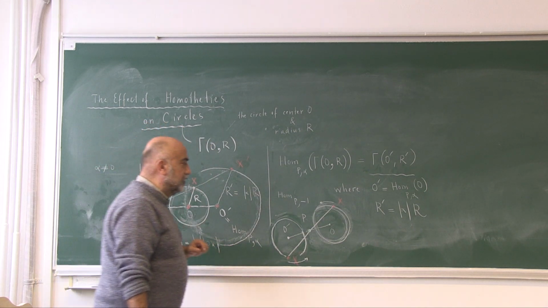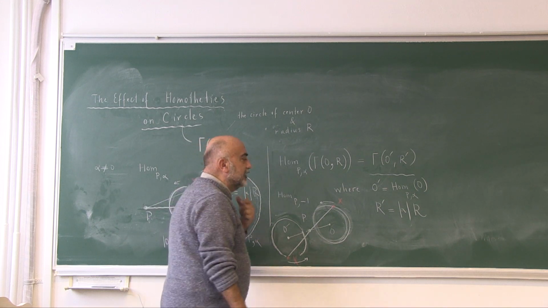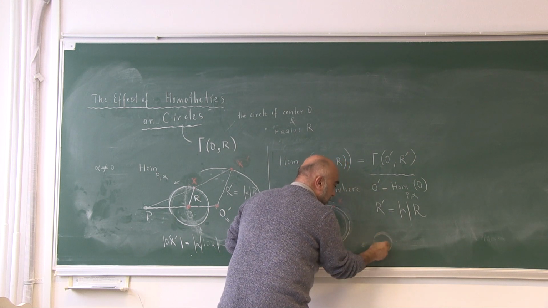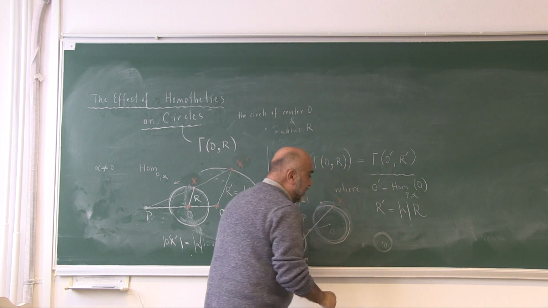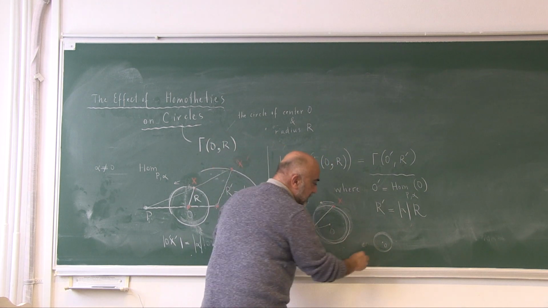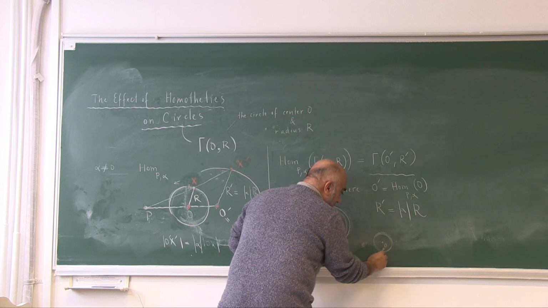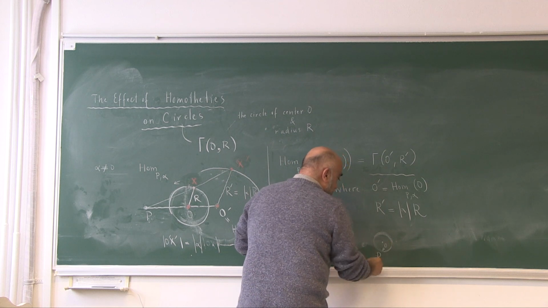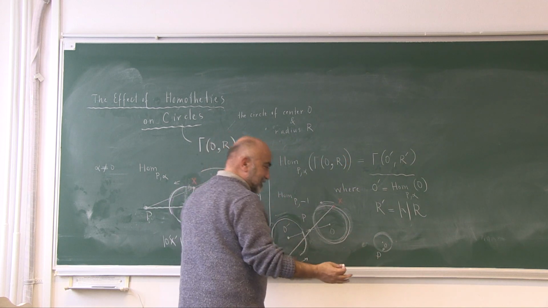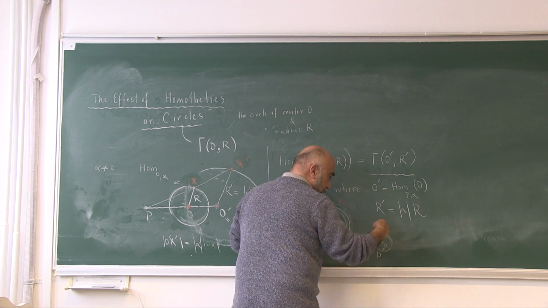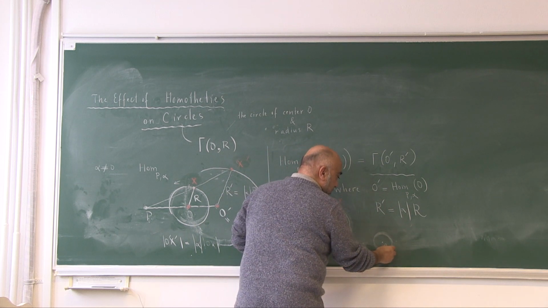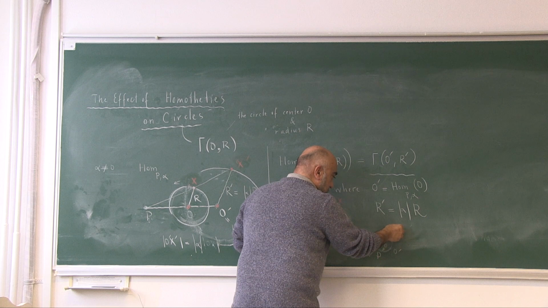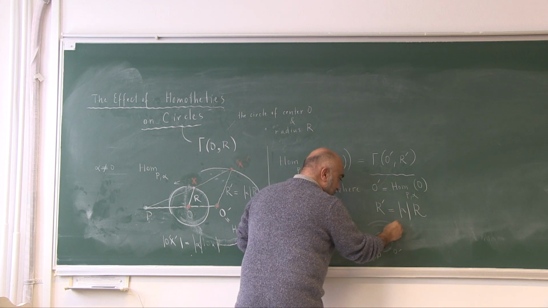Allow me to give you one more interesting case. For instance, ask yourself what happens if you take a circle, and I'm depicting it as a very small circle, and if you take a homothety in which the center of homothety is exactly the center of the circle. So what happens? Obviously, this whole argument is still valid, yet the center of homothety will be fixed. So O is in fact O prime, and all that happens is that the circle is simply magnified, keeping its center.